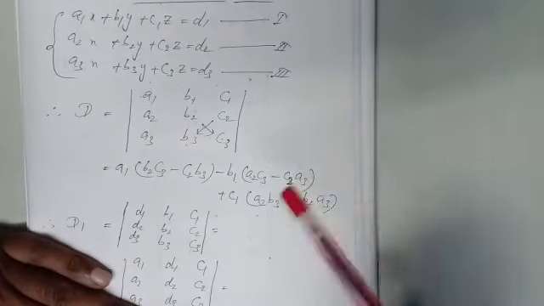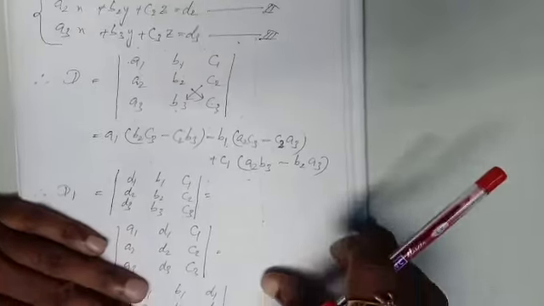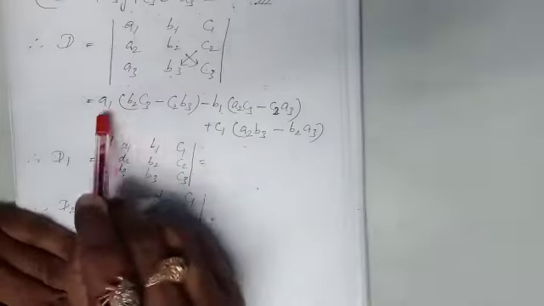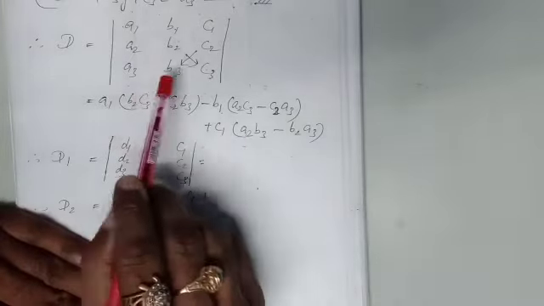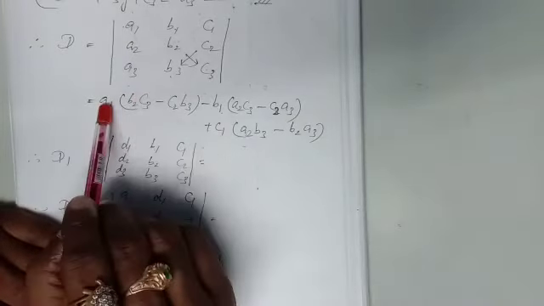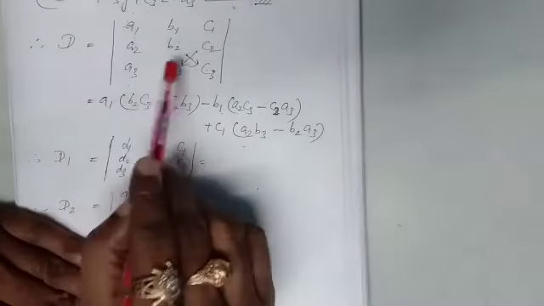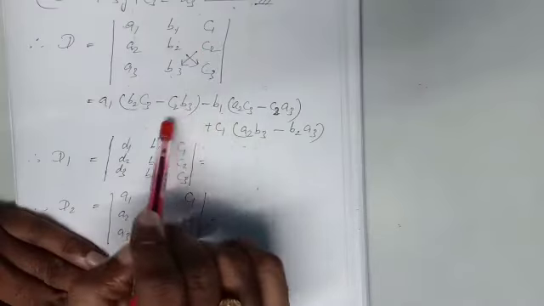After that, you have to evaluate D. You will get some number, and that should not be 0. You know how to evaluate it. Take a1, omit that row and that column: b2 c3 minus c2 b3.